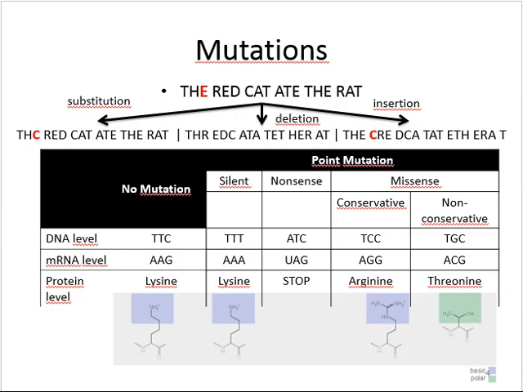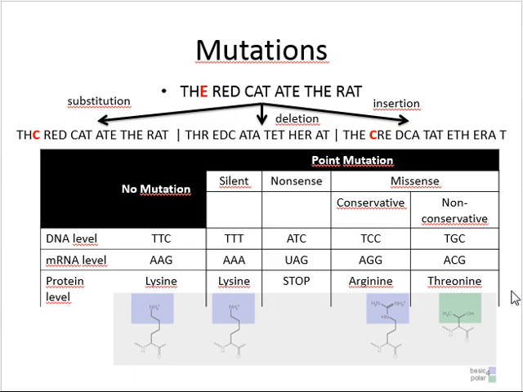If you have a substitution in the codon at DNA level, and you have its transcription and then translation into a threonine because the T was changed to a G, then you have a non-conservative missense mutation, because you once had a basic amino acid that has a behavior and causes the protein to have certain function and certain structure.